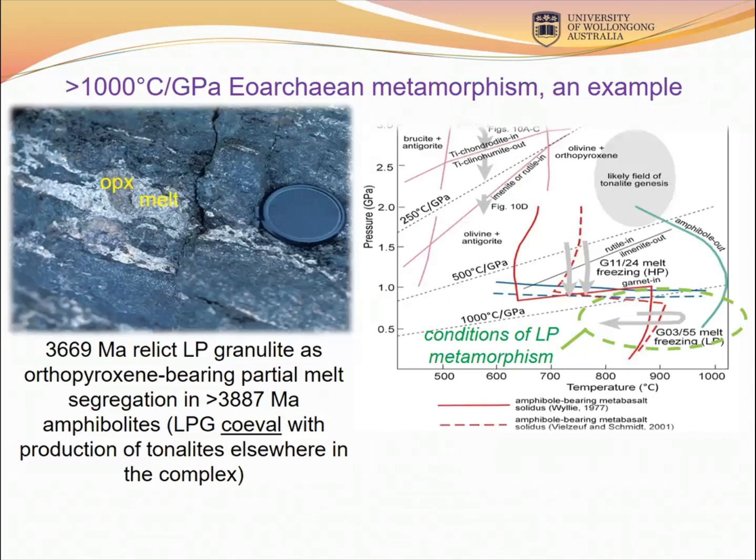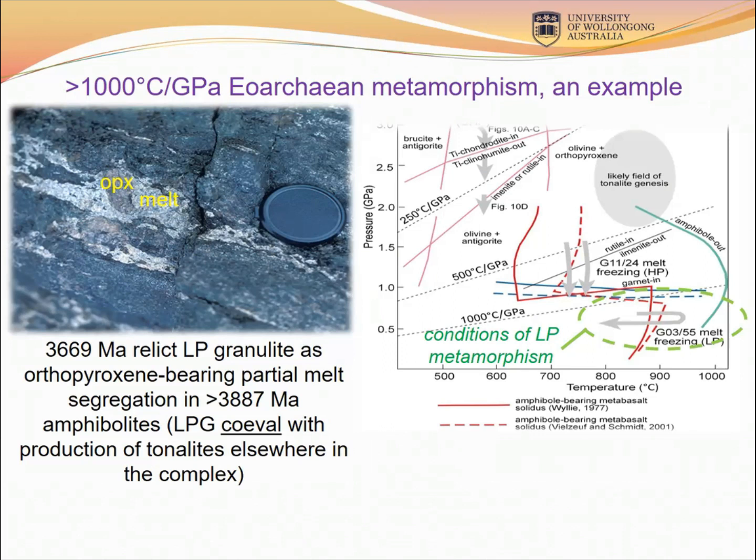Finally, one can find examples of relatively low pressure, very high temperature metamorphism. And this is just one very rare example where you've got a series of amphibolites, which derive eventually from basalts before metamorphism. They have an age of over 3,887 million years.